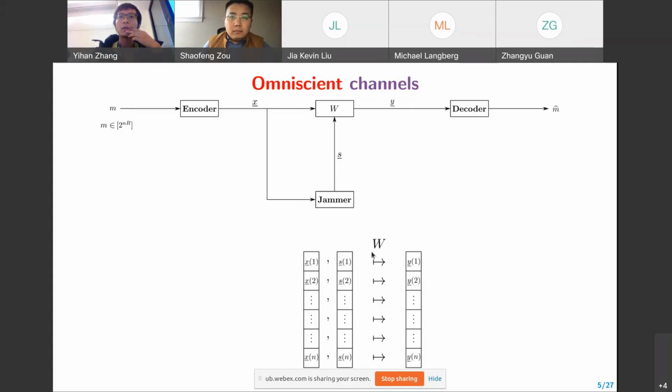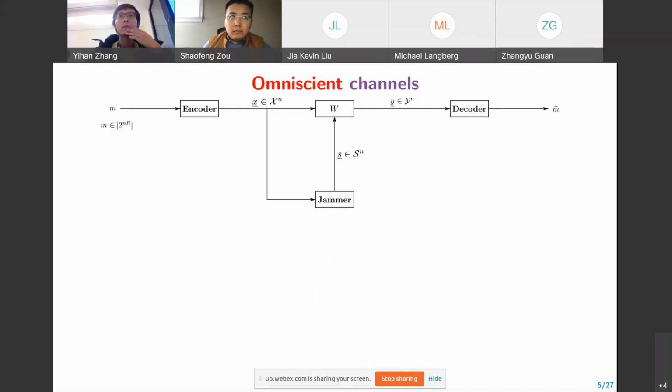For now you can think of this function as a deterministic function, but things can be generalized. For simplicity, let's stick with a deterministic function. But importantly, this S is not IID generated. It's adversarially chosen. And these X, S, and Y can be over any general alphabet, not necessarily binary. It can be anything finite.